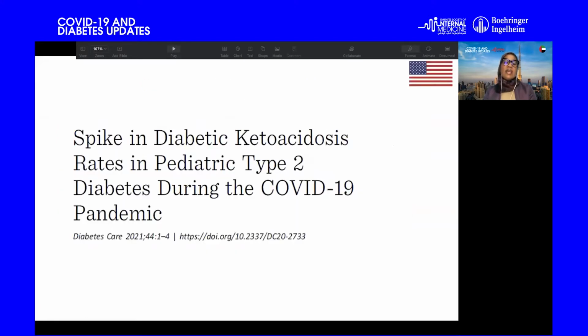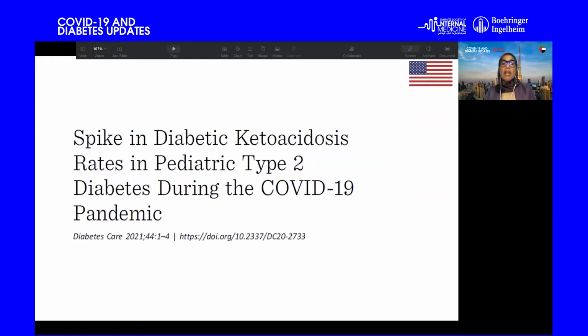Further evidence is now being seen in children as well. This is a paper that was published quite recently in Diabetes Care, just April of this year. The authors talk about a spike in diabetic ketoacidosis in pediatric type 2 diabetes during the COVID-19 pandemic.